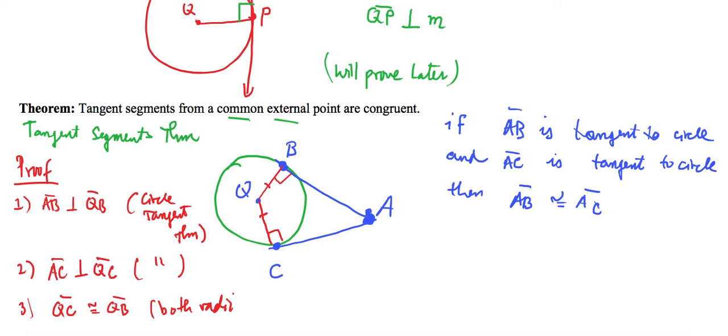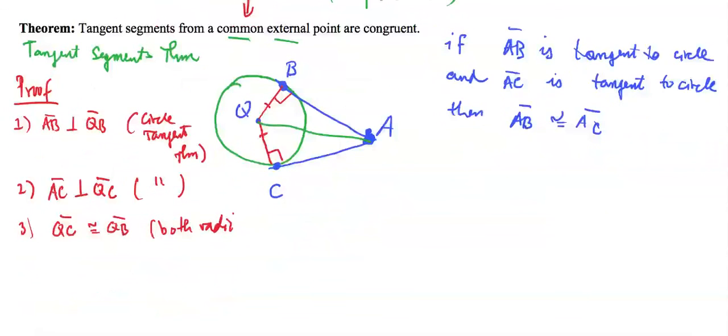And notice that if I draw a line segment from Q to A, I've broken this picture up into two separate triangles. You see that I have two right triangles with the same hypotenuse. So we can also say that QA is congruent to AQ by the reflexive property.